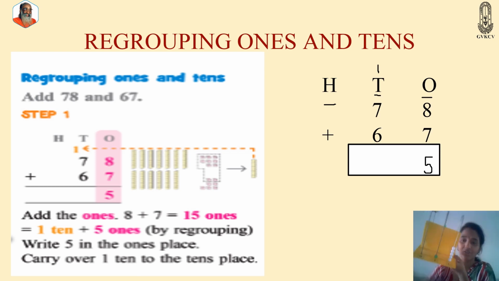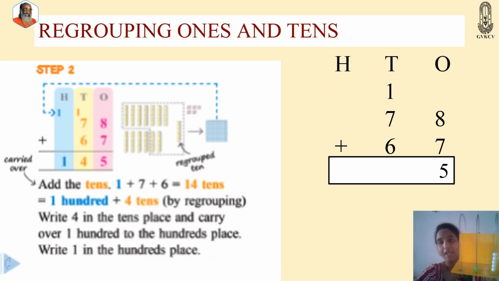So I have written it like that. See, 15. In units or ones we have 5 beads, and 1 is carried over to tens. I wrote 5 here, which is the number of beads in units, and this 1 is the carried over bead.